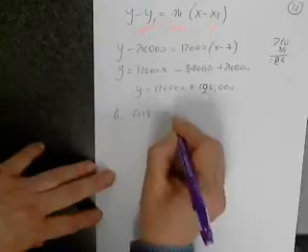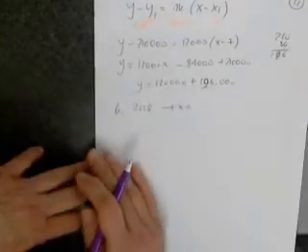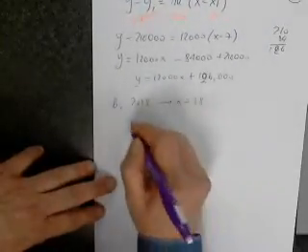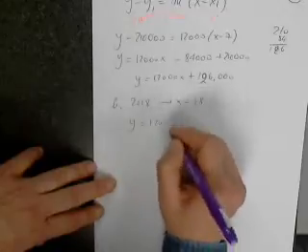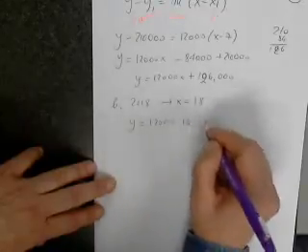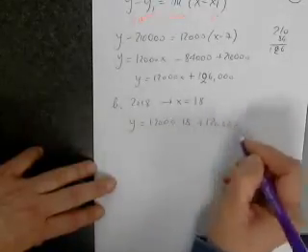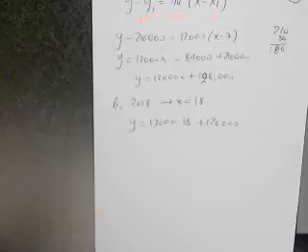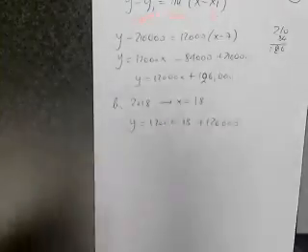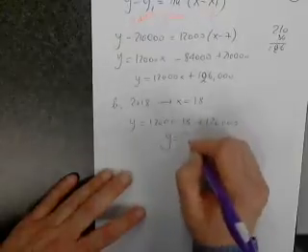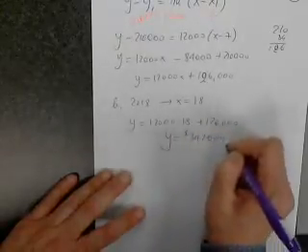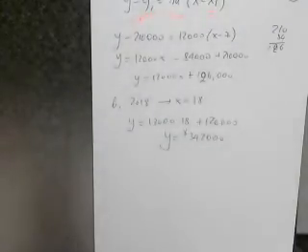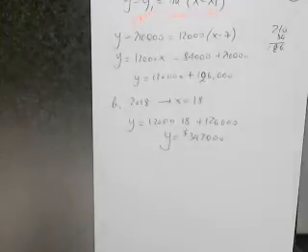In 2018, x is 18. So y equals 12,000 multiplied by 18 plus 126,000. I got 342,000. Is that correct? Yes.